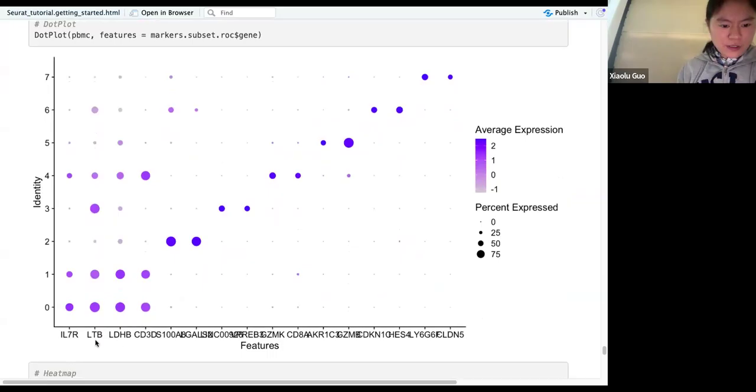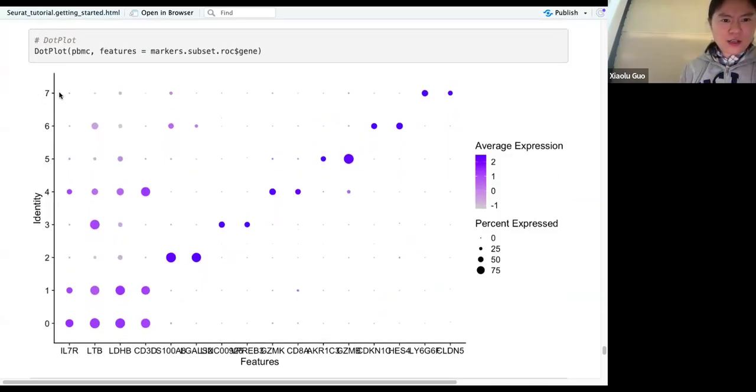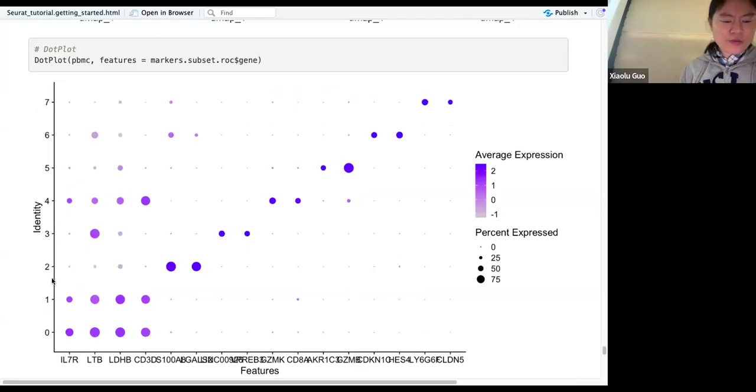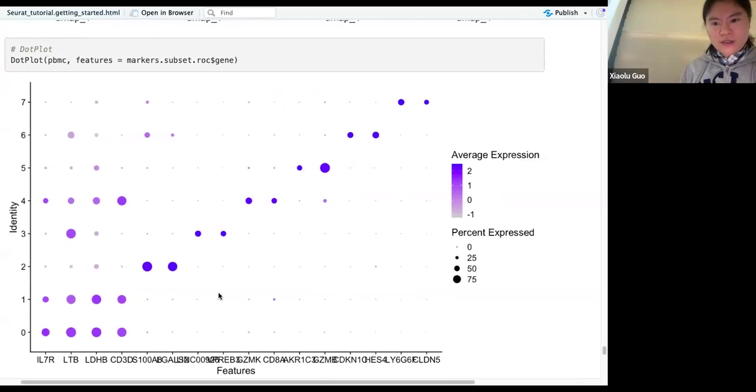So the x-axis shows the genes that we identified as marker genes, and the y-axis represents the cluster identity. Color means the average expression.